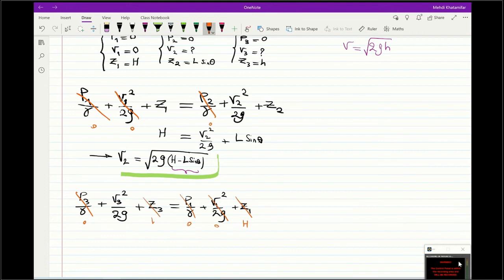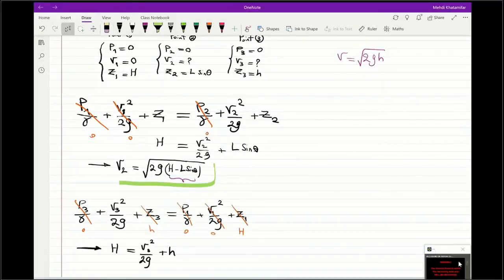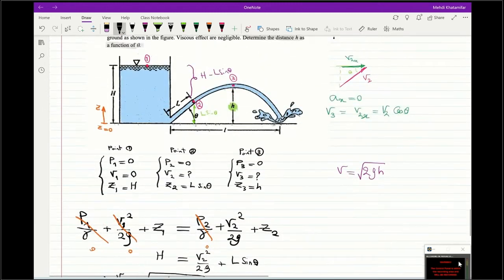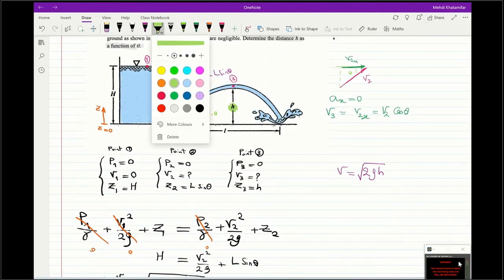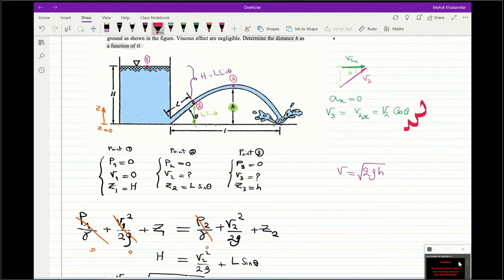Okay, this one is h. Let's put the values, and h is going to be equal to v3 squared divided by 2g plus h. I already found what v3 is here. So v3 is going to be v2 cosine of theta.